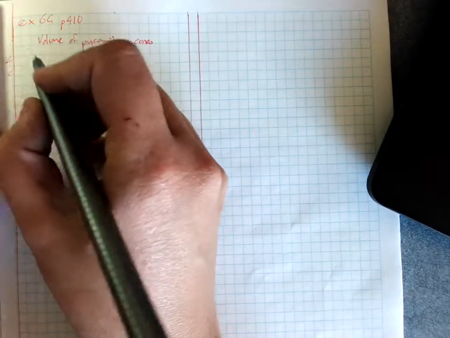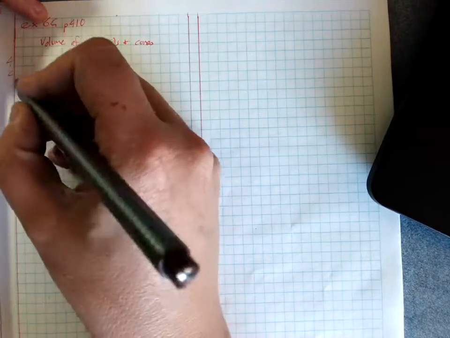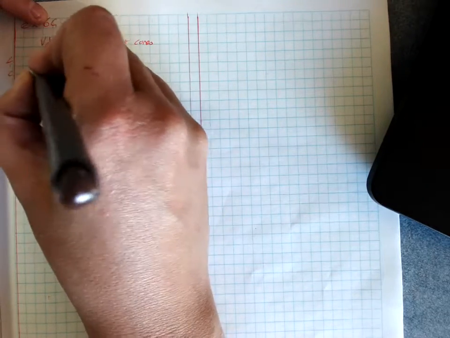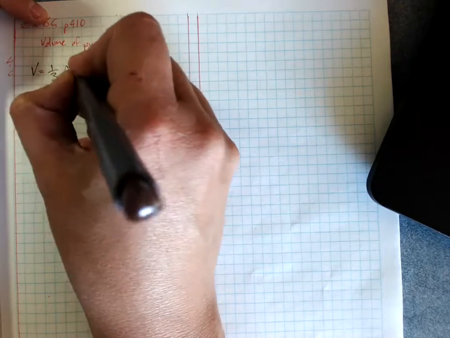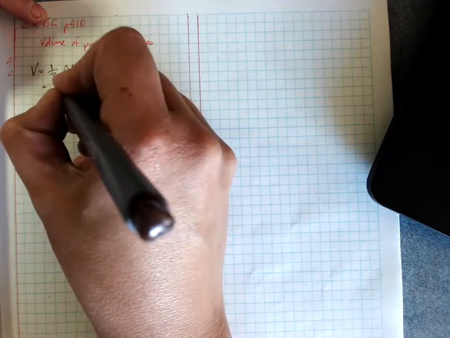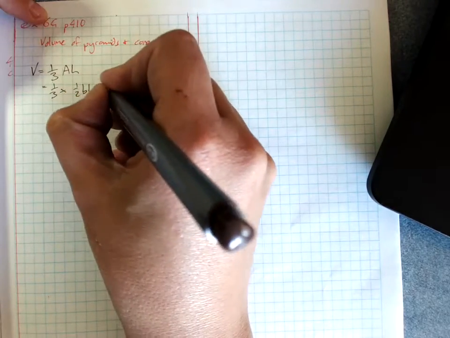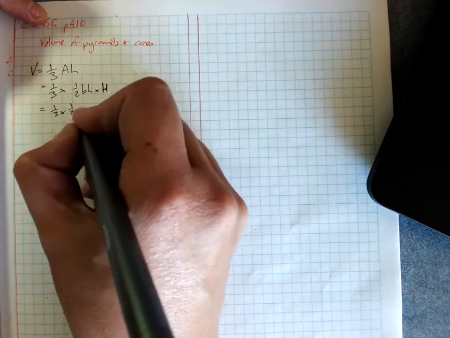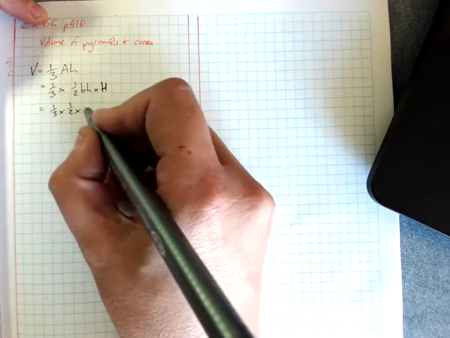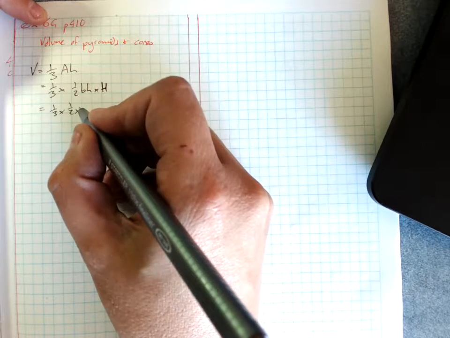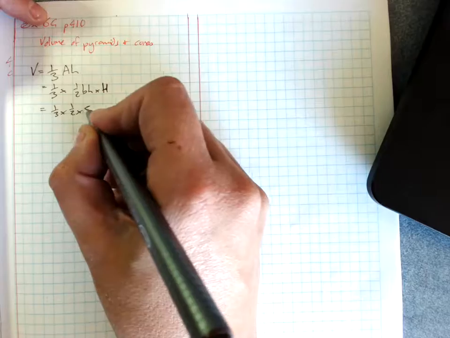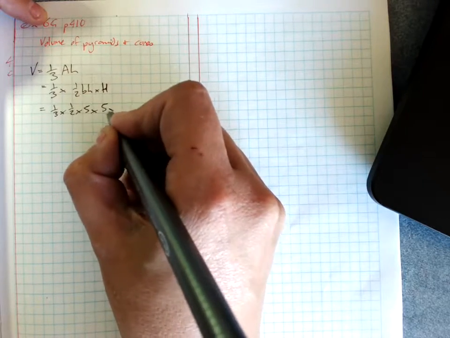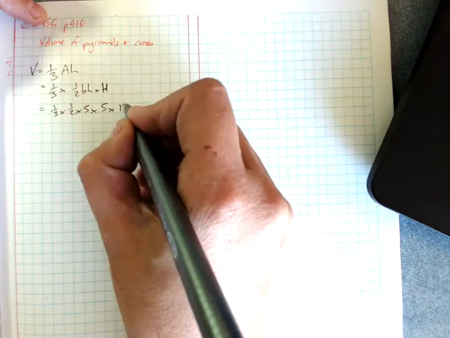Okay, exercise 6G, page 410, volume of pyramids and cones, 4C. Base of our face triangle is 5, height of our triangle is 5, height of our pyramid is 12.